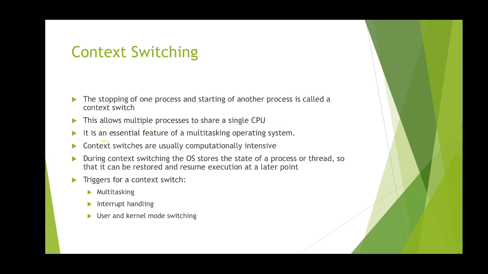It is an essential feature of a multitasking operating system, and it is computationally intensive because we have to store all the CPU state of the stopping process, and restore all the CPU state of the newly executed process. So it is more computationally intensive than other situations, and context switching is triggered by multitasking, interrupt handling, and kernel and user mode switching.